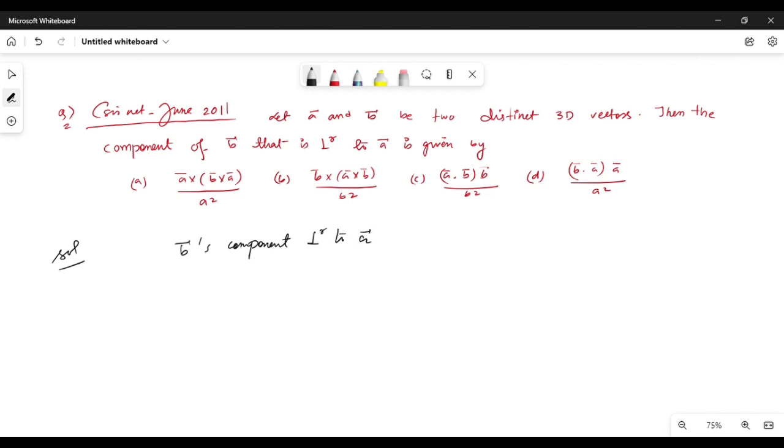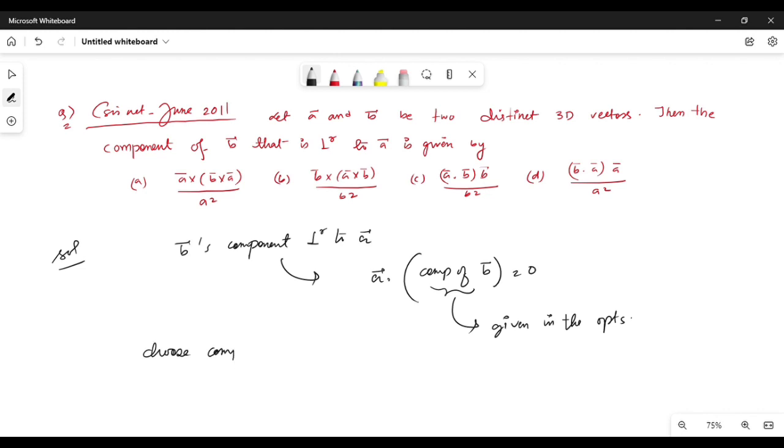So we may visualize it as A dot the component of B equal to 0. That means they are perpendicular, and the component of B can be taken from the options. We are asked to find the component of B, so choose the component of B from the options, and this is the best way to solve this problem.